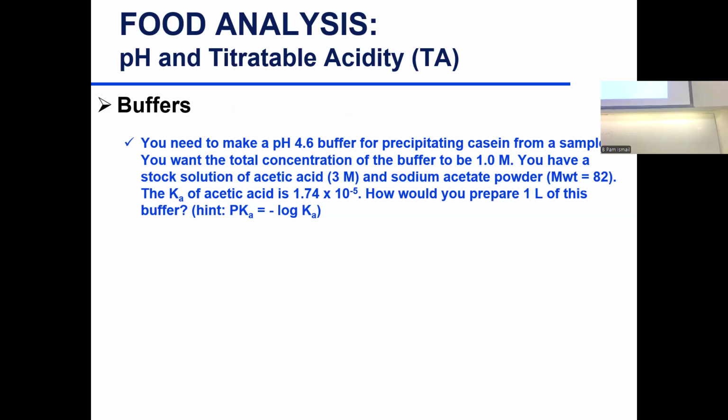Sometimes you have a reference, you Google, and it will tell you everything you need to know about preparing that buffer. It will spit out the pKa for you. But sometimes you don't have that information. You go, oh, I have the Ka. No problem. I can calculate pKa. pKa equals negative log Ka.